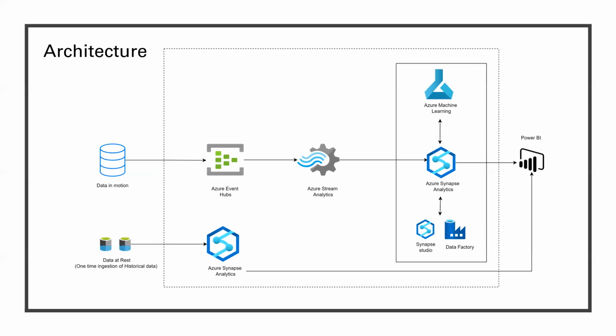The data in motion is Azure Event Hubs, and the blue one, data at rest, is Azure Synapse Analytics. The data feeds into these two services as data points or events that will be used in the rest of the solution.